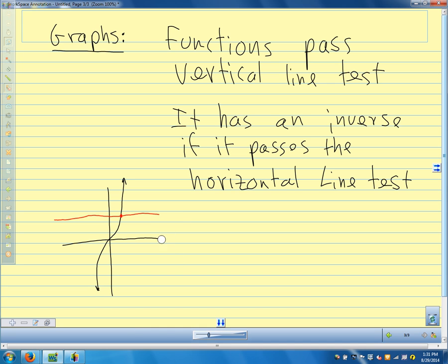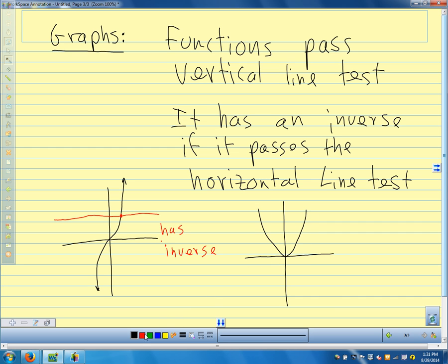We're going to say this one passes the horizontal line test, so it has an inverse. If I graph a function like this, a horizontal line hits this graph in two places. So this one fails the horizontal line test, and it has no inverse.